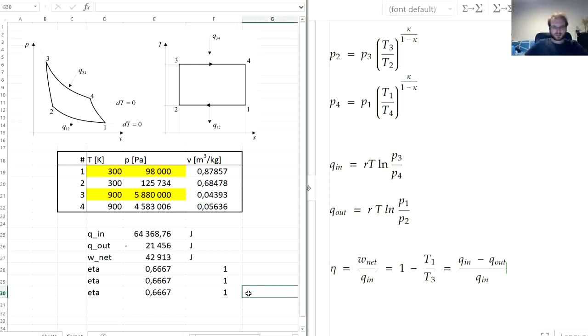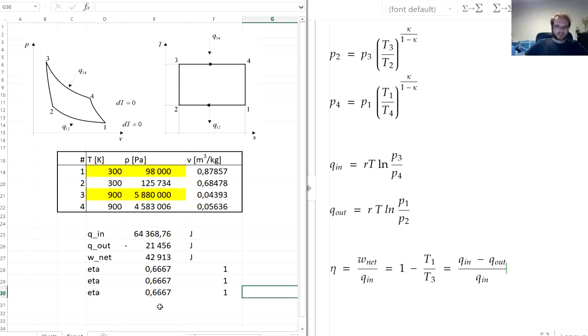So by this we have finished the Carnot cycle, the ideal cycle obtaining theoretically the highest possible efficiency of converting heat to work. And in the next tutorials we will have a look at different cycles which are really implemented in real life.